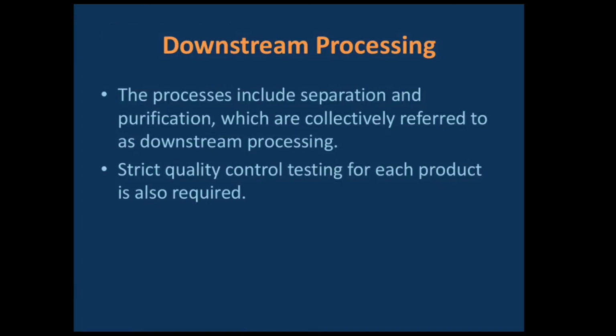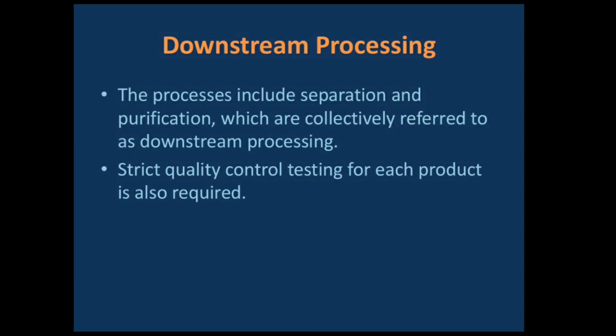After completion of the biosynthetic stage, the product has to be subjected to a series of processes before it is ready for marketing as a finished product. The processes include separation and purification, which are called downstream processing. The product has to be formulated with suitable preservatives.